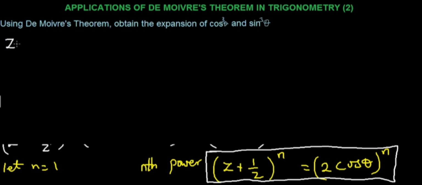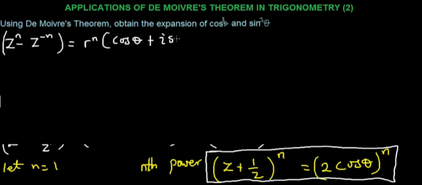So z minus 1 over z to power n. Still the same process. I will still say that z to the n is equal to r raised to power n, then cos n theta plus i sin n theta.